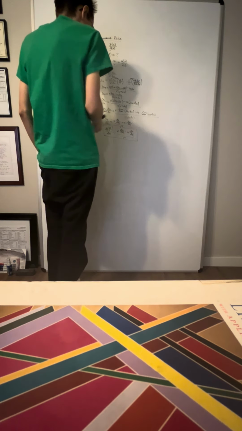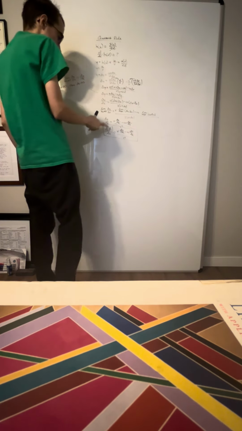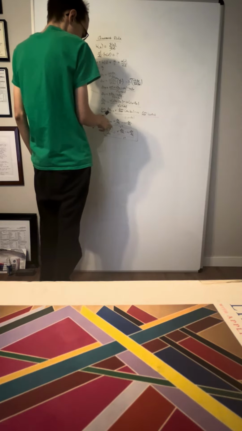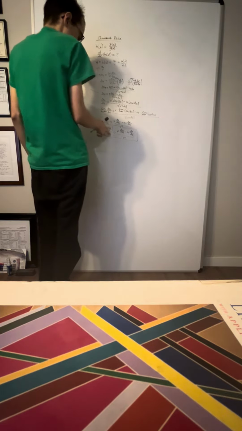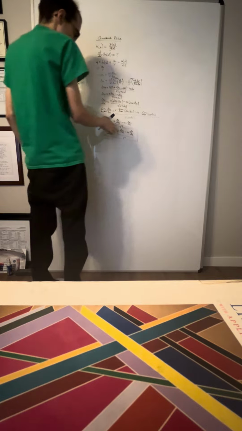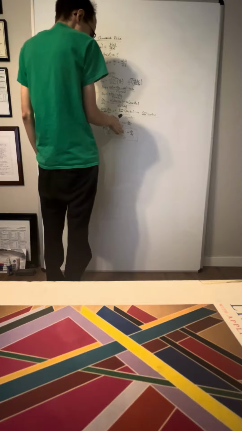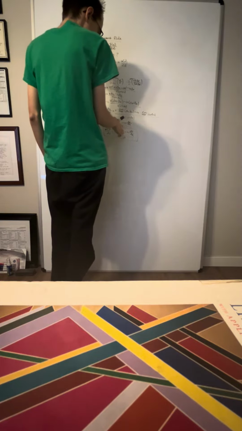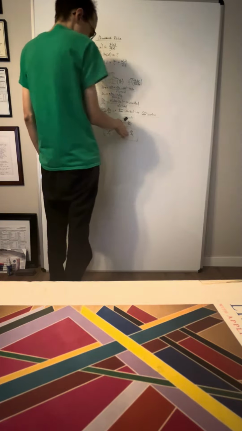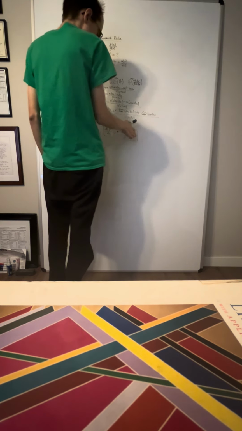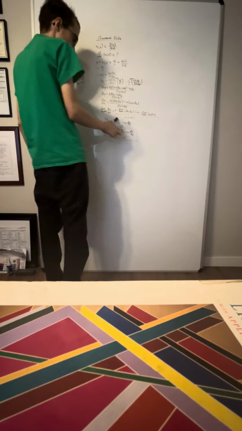So this is saying the derivative of some f of x that you can express as some u of x divided by v of x with respect to x equals v of x times the derivative of u of x with respect to x minus u of x times the derivative of v of x with respect to x divided by v of x squared.